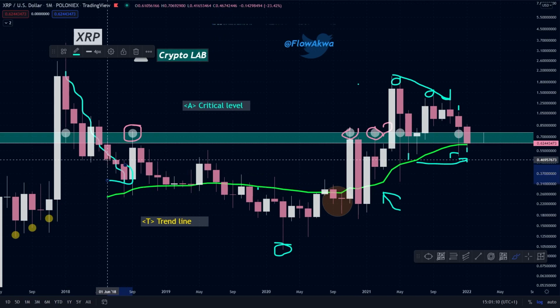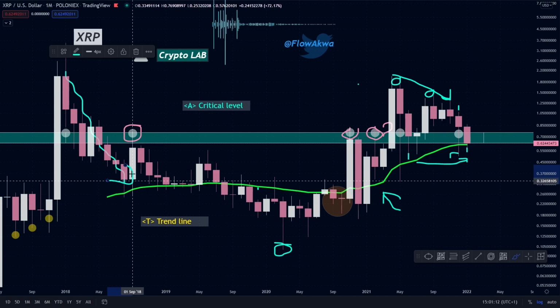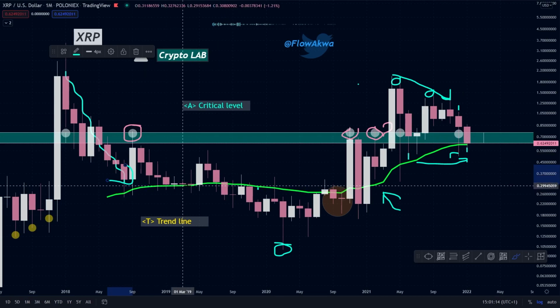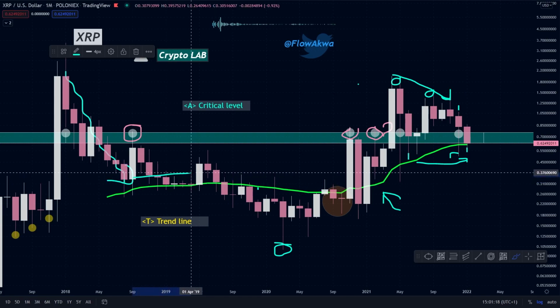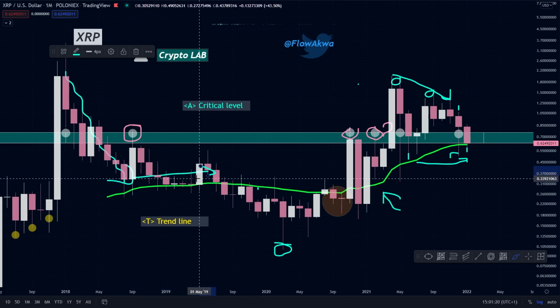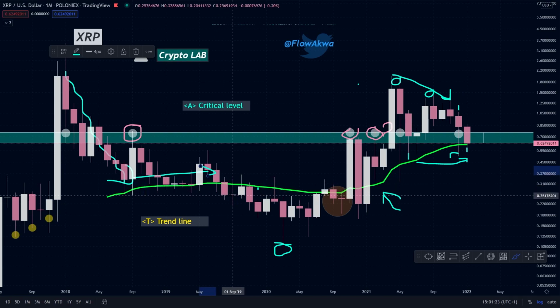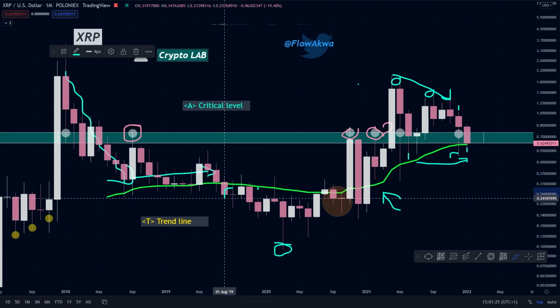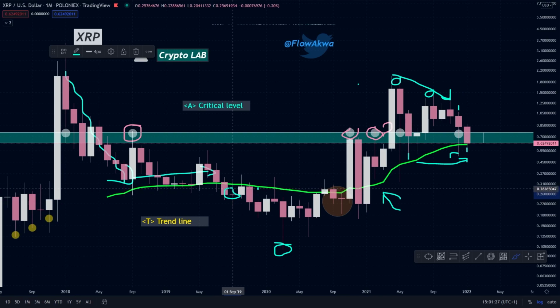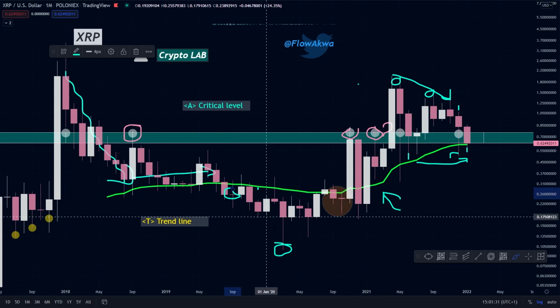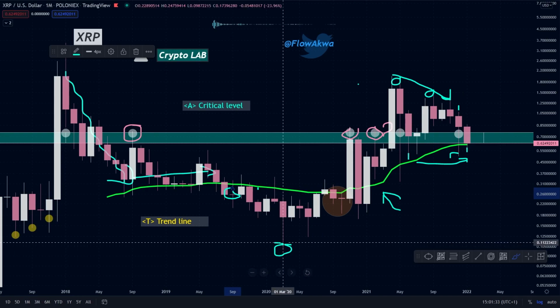Okay, so we went straight into it. We had a strong bounce. Then we used it as a strong support for multiple months in a row. But when we crossed it and we had a full body below the line, then it was the second phase of the bear market and we had a new low.